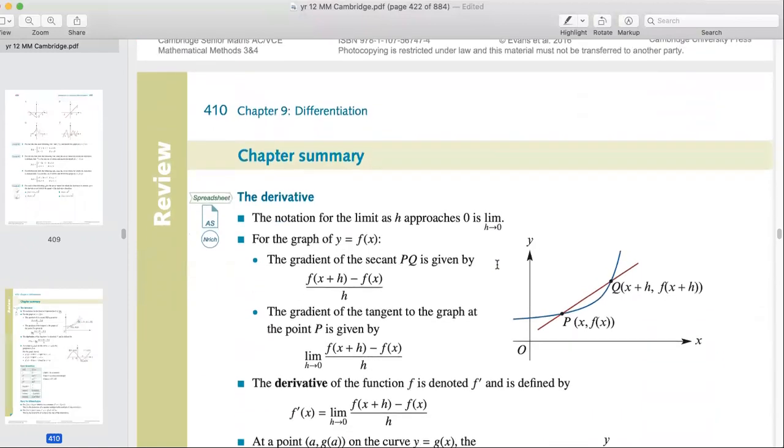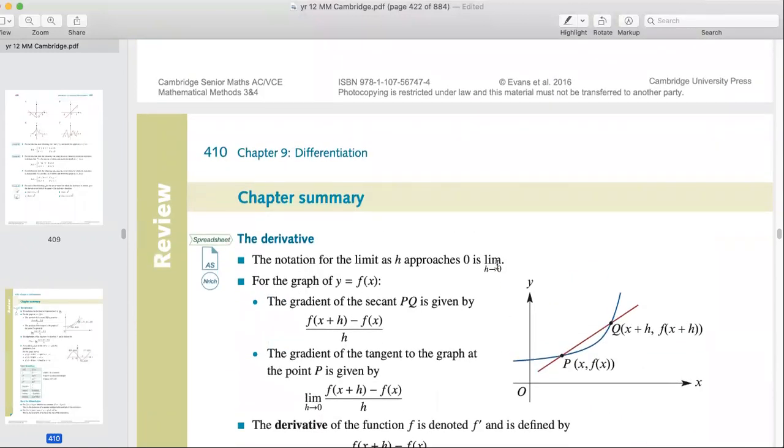And that's it. That is for our chapter 9. Chapter 9 basically gives us the fundamental things we're going to use for later chapters. First, they define what we mean by derivative.